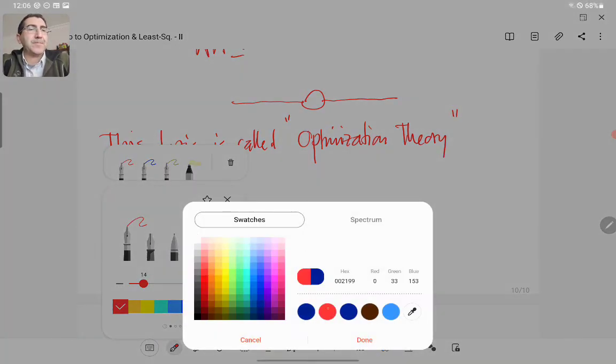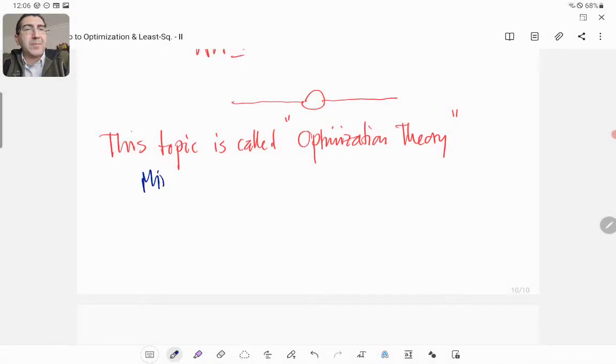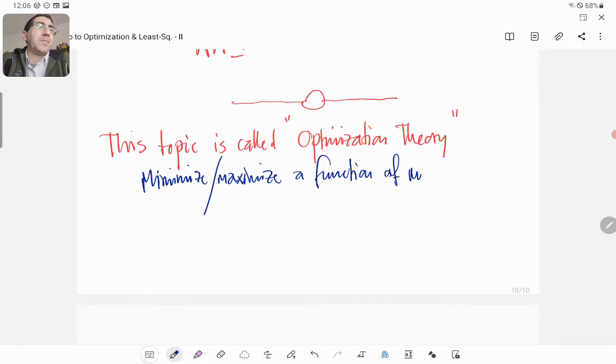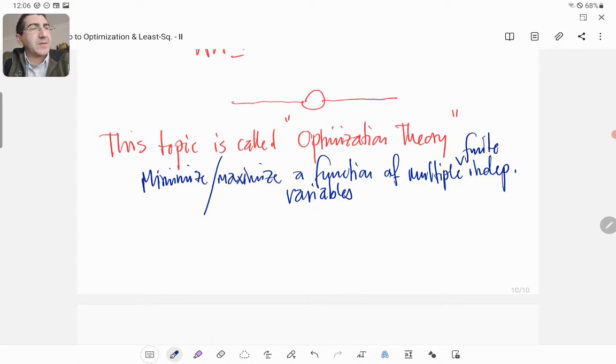It's about essentially minimizing or maximizing a function of multiple but finite independent variables, right?